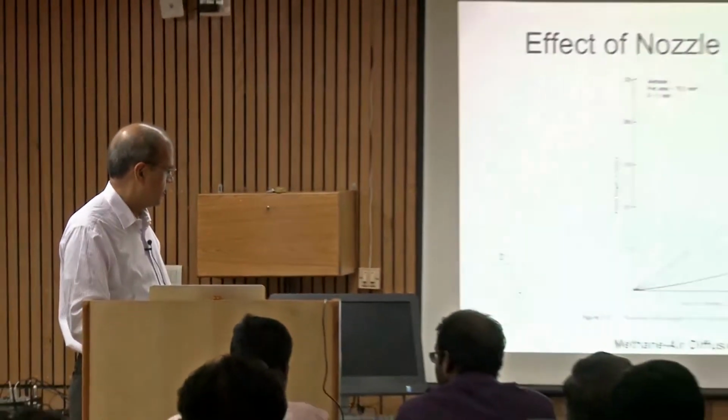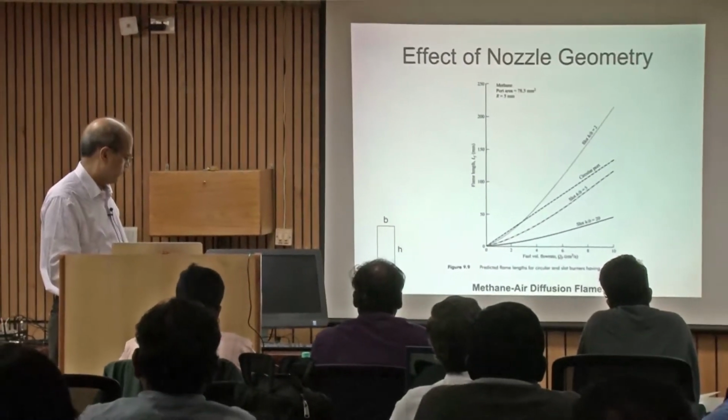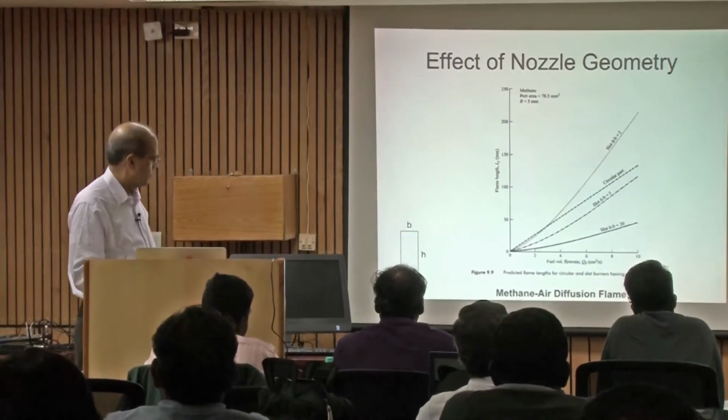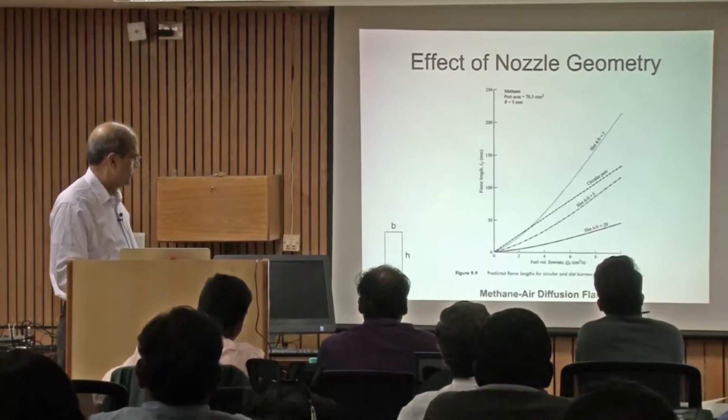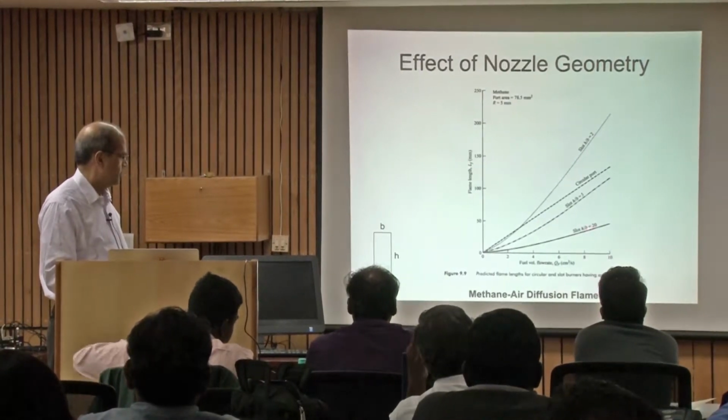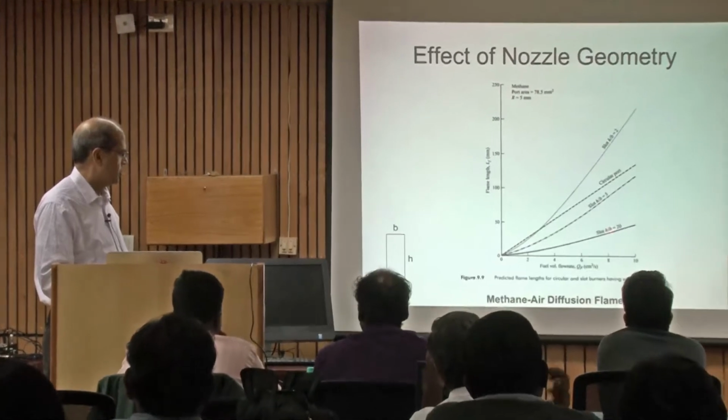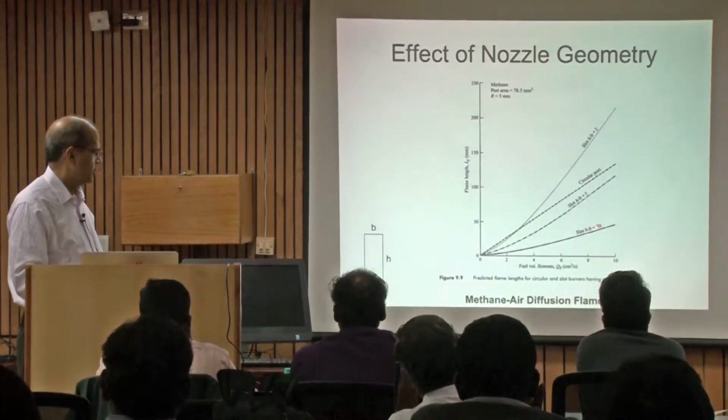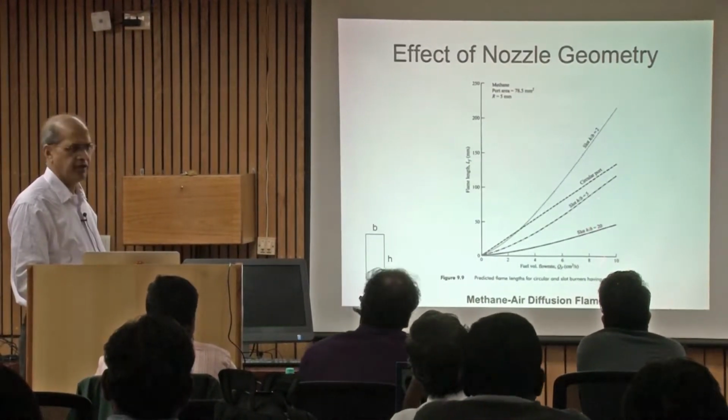Then H over B is important. If you decrease this B, then the flame length will reduce. You can see that effect here when you increase H over B, either by decreasing B or increasing H, and the flame height can be decreased.